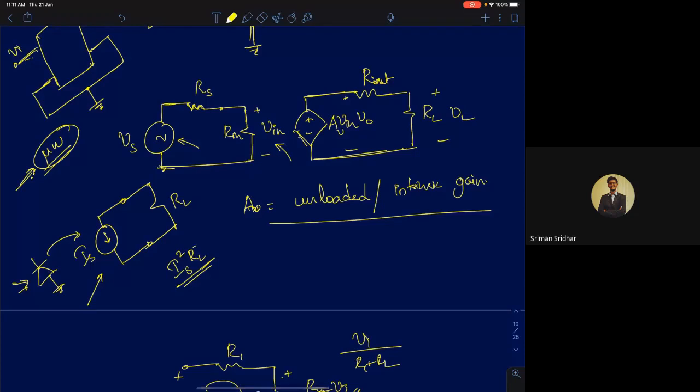If I make RL very large, by this model, which is the model I'm going to use for my photodiode, the load resistance can extract infinite power out of the photodiode, because even if RL is infinity, you will still receive the same current. That is not right. As the load resistance increases or decreases, the current it receives should change.